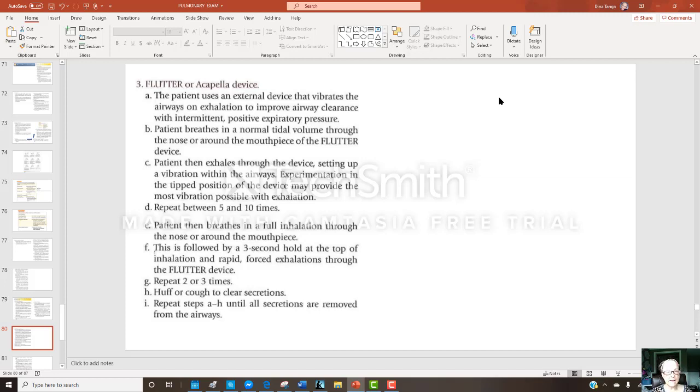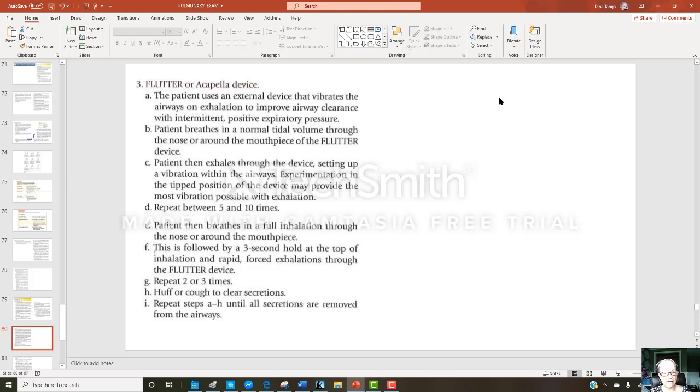The patient then exhales through the device, setting up a vibration within the airways. Experimentation in the tipped position of the device may provide the most vibration possible with exhalation. Repeat 5 to 10 times.